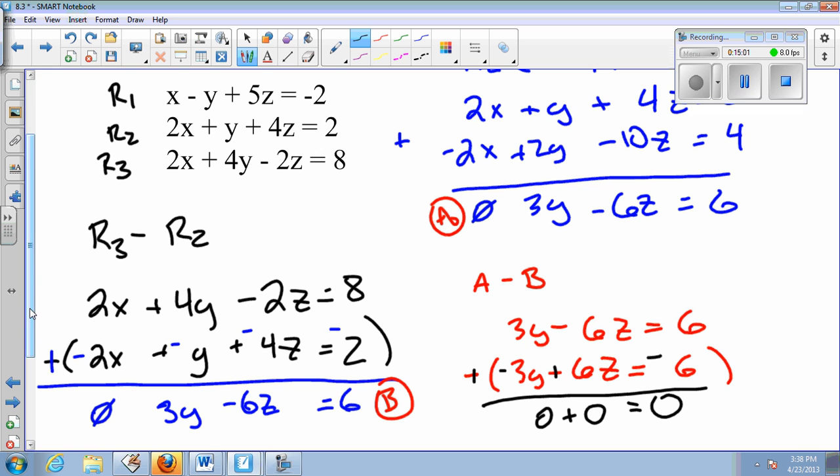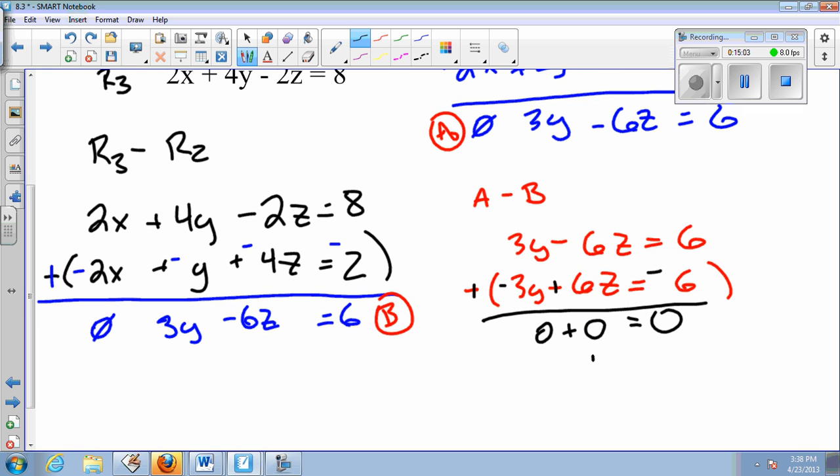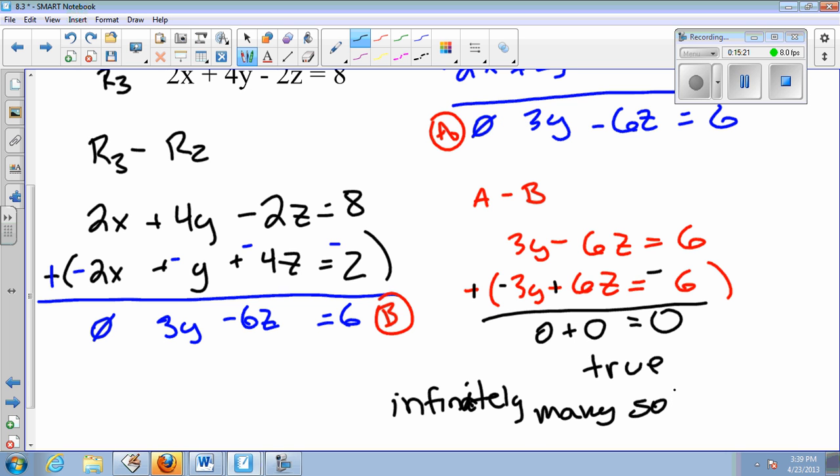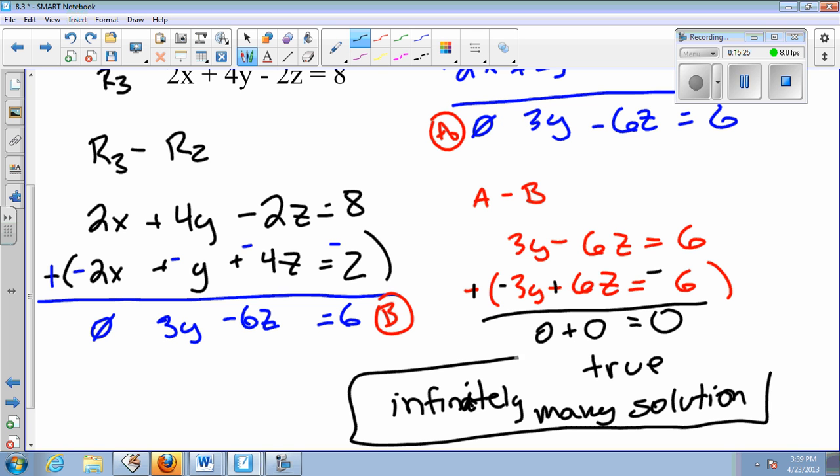This is a true statement. 0 equals 0. And we know from yesterday, when it's true, it is infinitely many solutions. Graphically speaking, the lines are going to coincide.